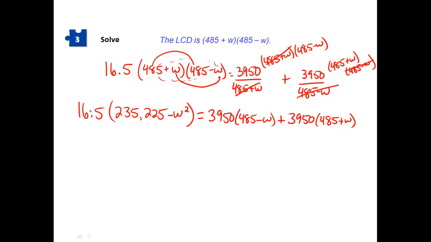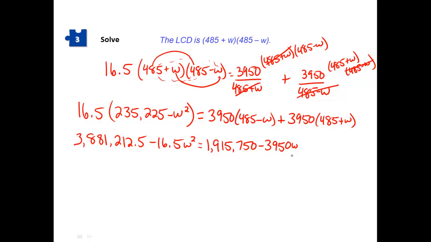First thing we're going to do is distribute the 6.5 and then distribute the 3,950 to each parenthesis here. Okay, so there's our 6.5 distributed. There's our first 3,950.